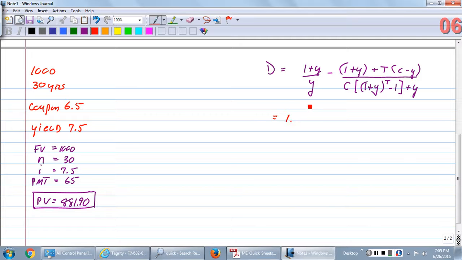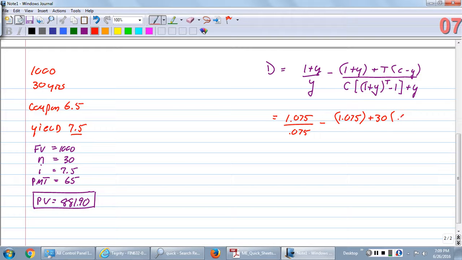So we'll enter everything here, our interest rates, in decimal form. This is going to be 1 plus the yield, so 1.075 divided by 0.075, minus 1.075 plus T, the number of periods. There's 30 years till the bond matures.